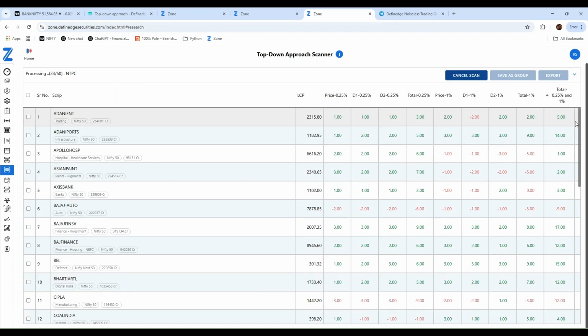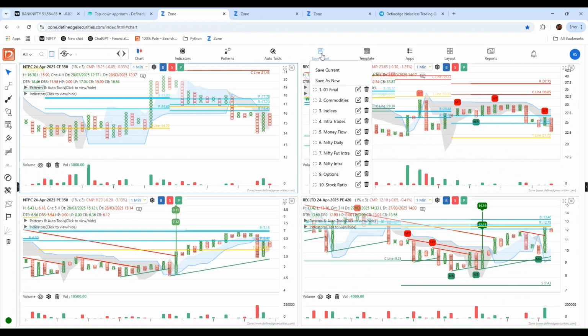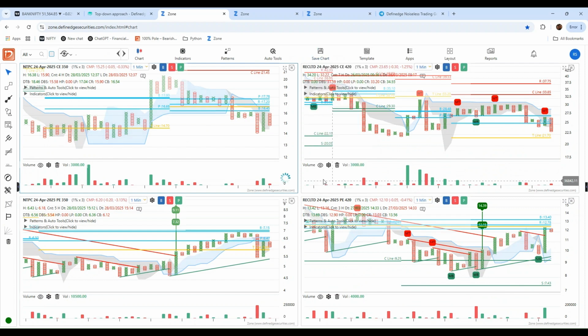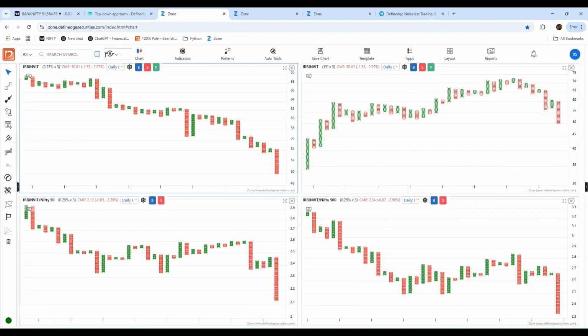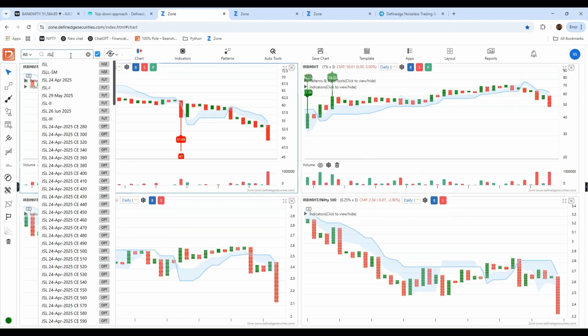The final thing is the index that we are going to watch. In the meanwhile, let's just have a quick look at two. Let's see what price action for JSL and Hind Copper.